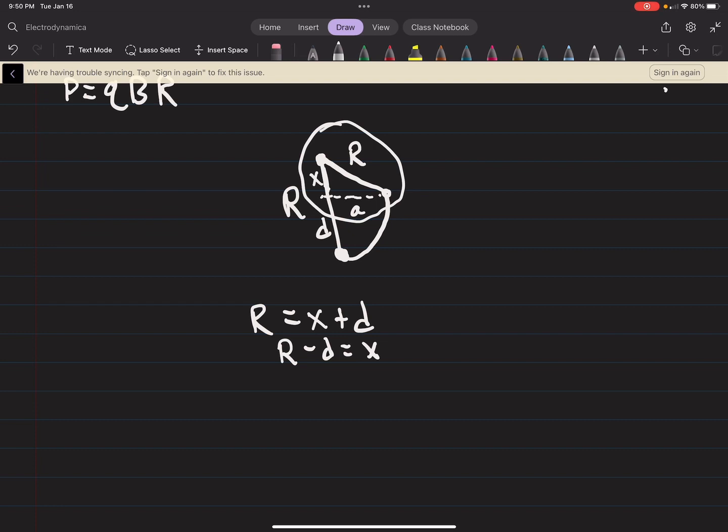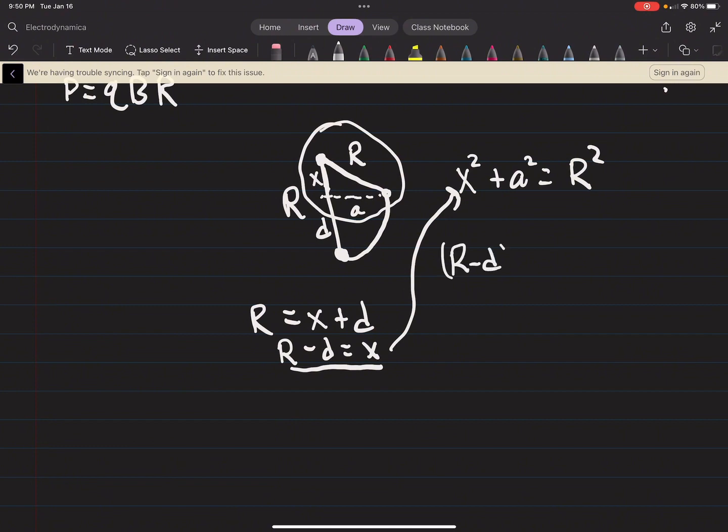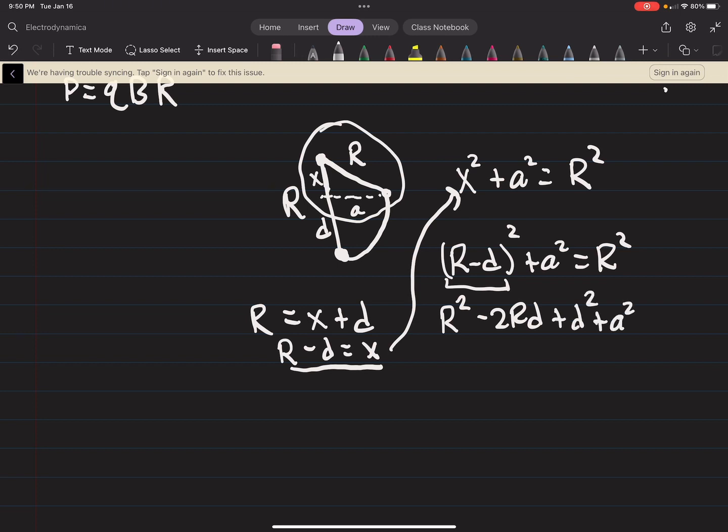Well, with Pythagorean theorem, we know that x squared plus a squared equals big R squared. We can substitute in this new x into here. So it's (r minus d) squared plus a squared equals r squared. And now with pretty basic algebra, we can solve for r. So we can expand: r squared minus 2rd plus d squared plus a squared equals r squared.